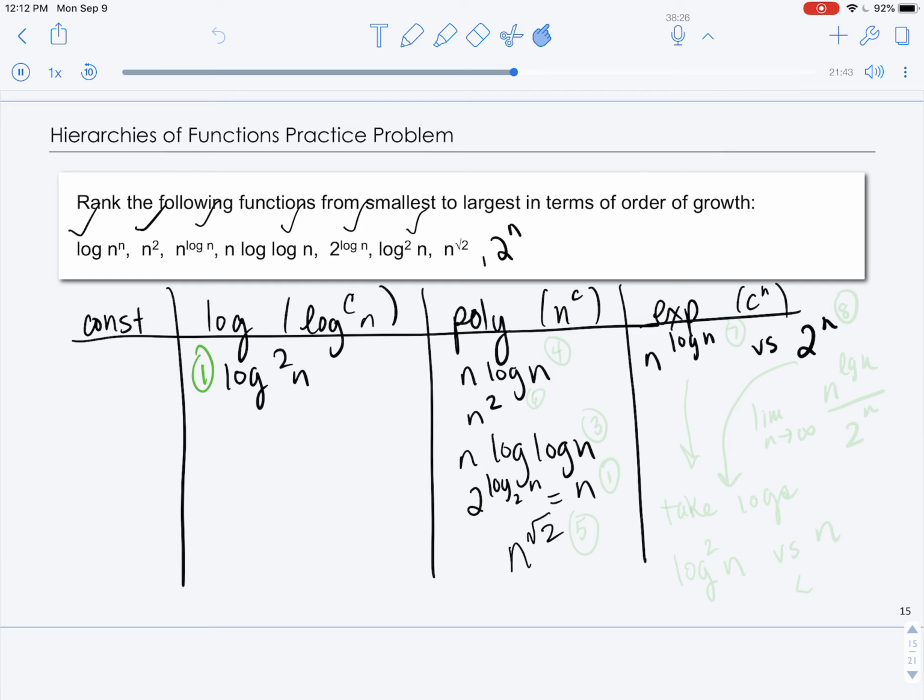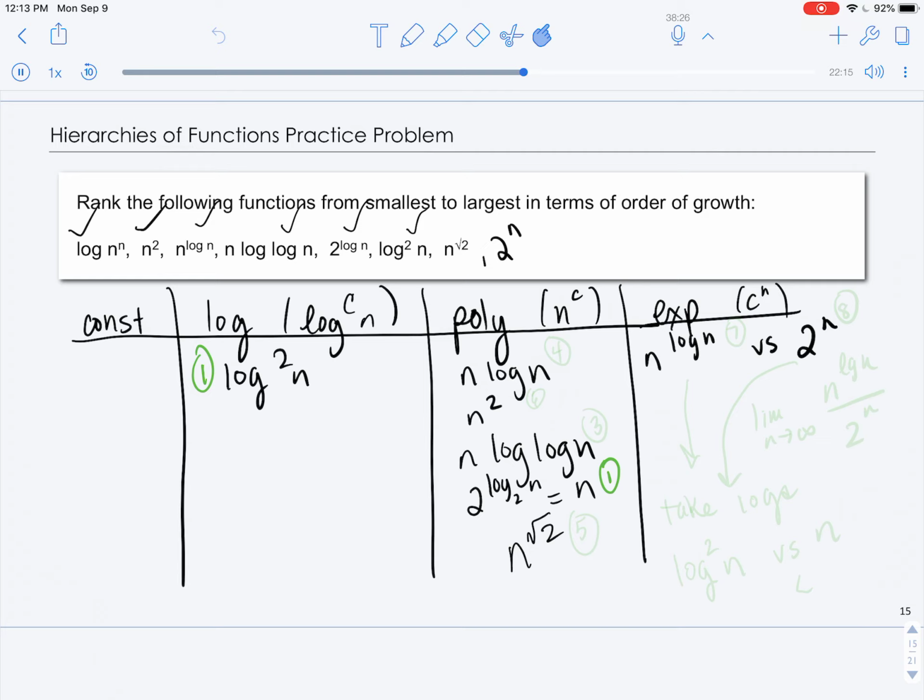Now we can start working within poly. So within poly, the smallest that we have is n. And then we need to compare the functions that have n and also logarithmic functions. So now we're comparing n log n and n log squared n. So when we do that, we can look at what the log is being taken of.